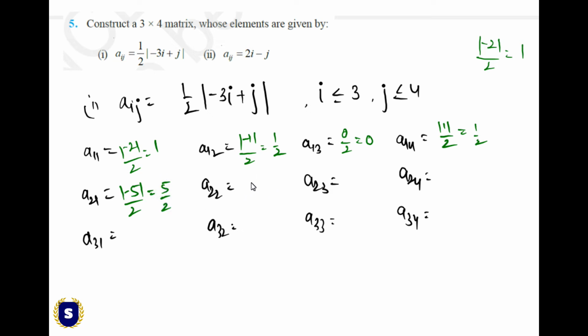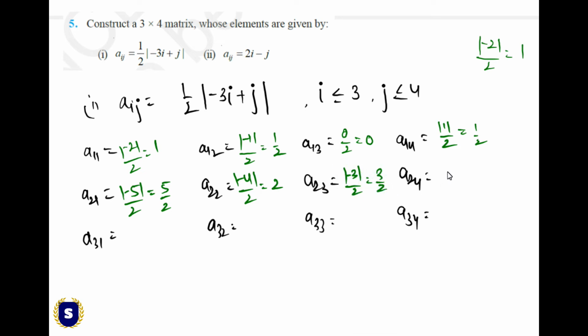Then for 2 2 we have minus 6 plus 2, that is minus 4, modulus upon 2, that is 2. Then for 2 3 we have minus 6 plus 3, minus 3 upon 2.